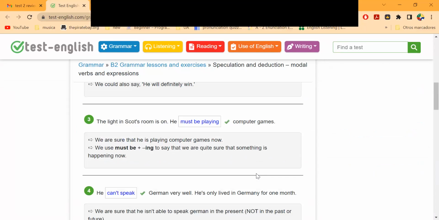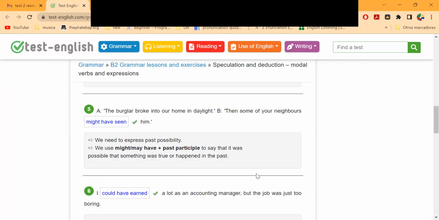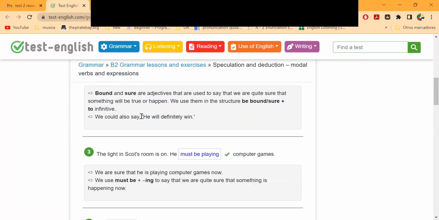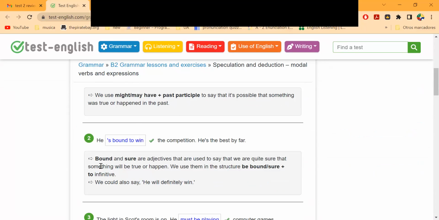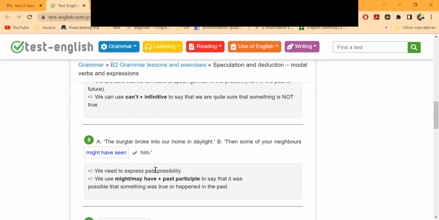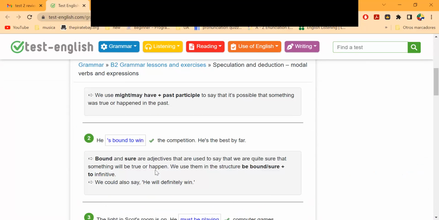Súper bien. All good. Recuerden que la maravilla de este Test English es que te entrega siempre un feedback muy preciso de cada cosa. Por ejemplo, si quisieras ver algo que quería aprender aquí. Bound and sure are adjectives that are used to say we are quite sure that something will be true or happen.